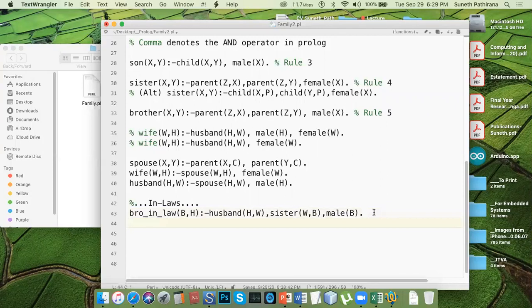That means the person capital B can be a married person, and his wife's brother may be the brother-in-law.